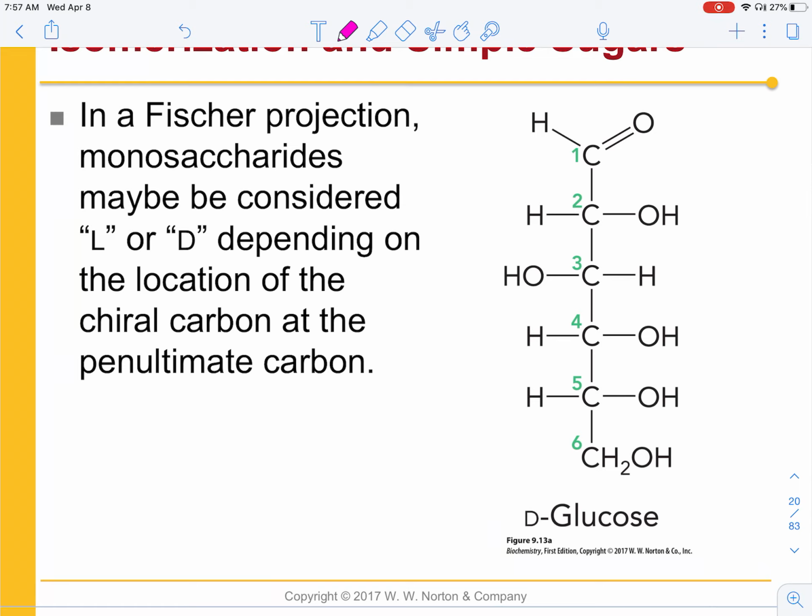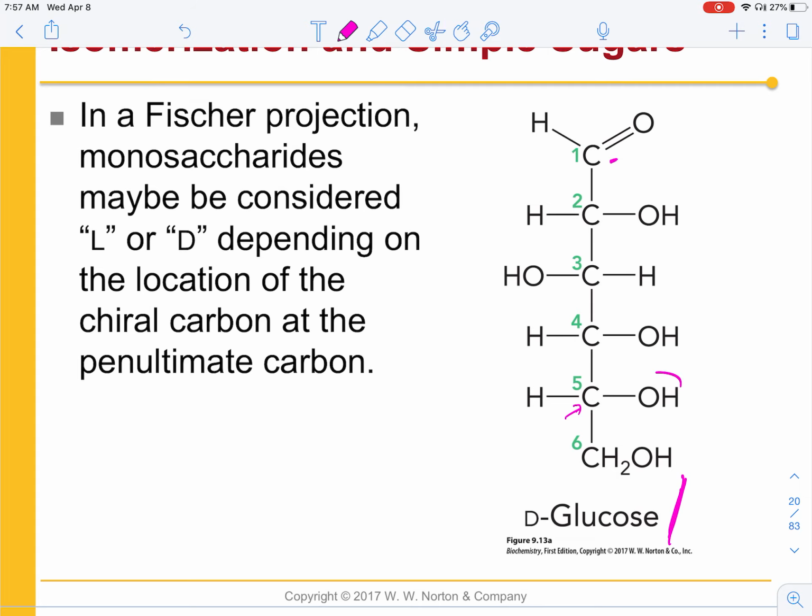I'll say this. These sugars are all stereoisomers of each other, and they have two forms, the L form and the D form. And the way to look at that is to count the last chiral carbon, the furthest one away from the carbonyl group.